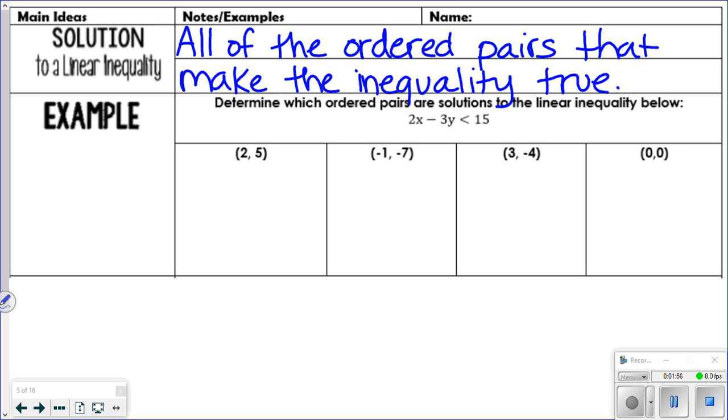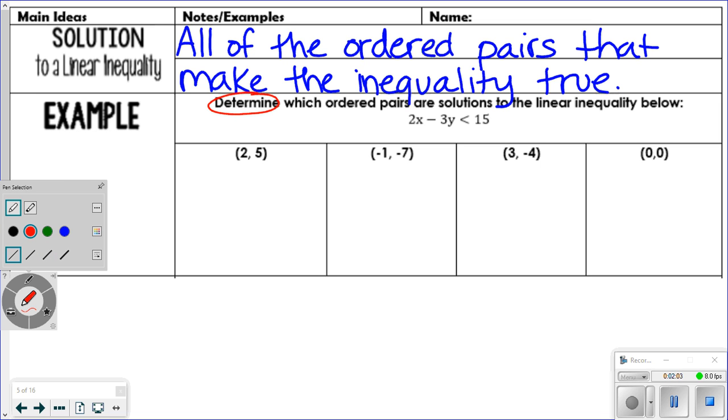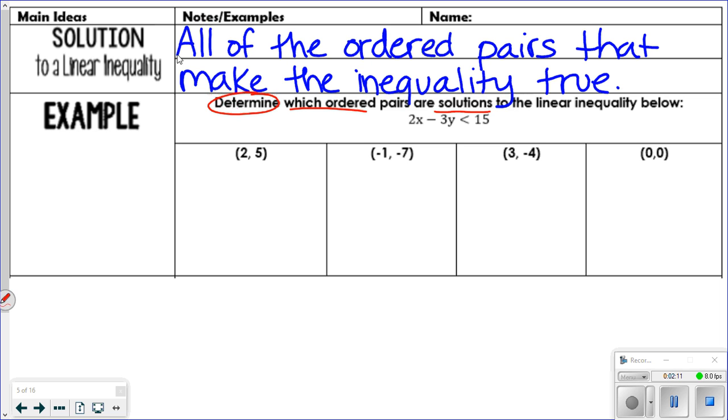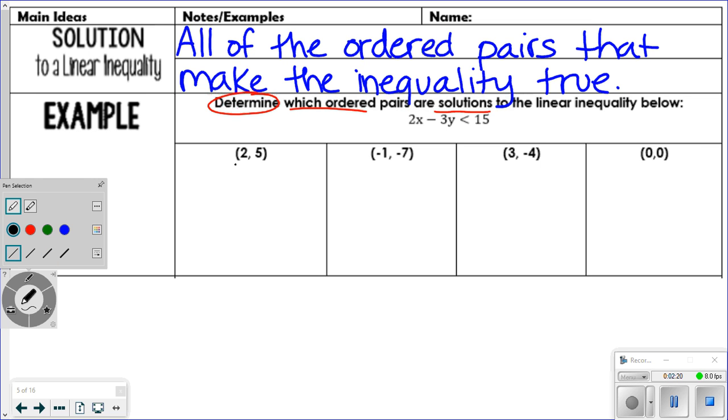So what we need to do is determine which ordered pairs are solutions to the linear inequality below. So you should see 2x minus 3y is less than 15. What we're going to do here is take this x and y and plug them into the inequality above.